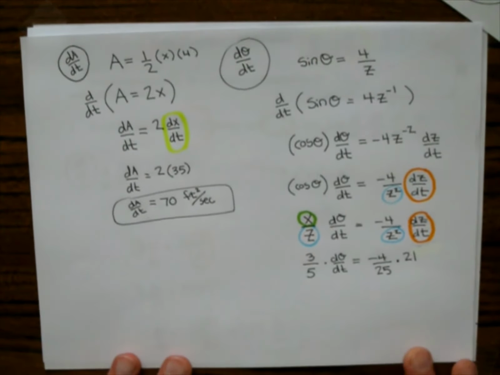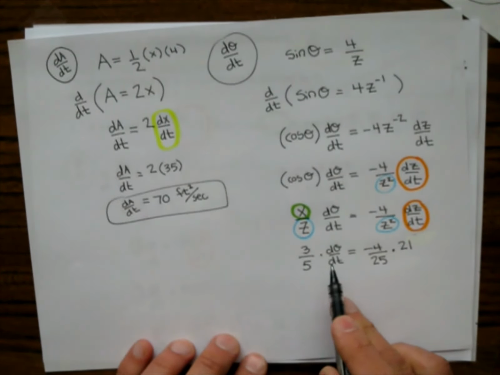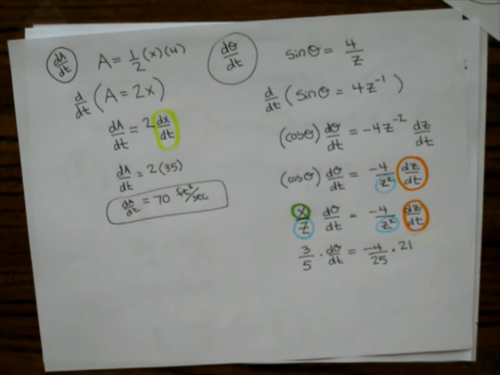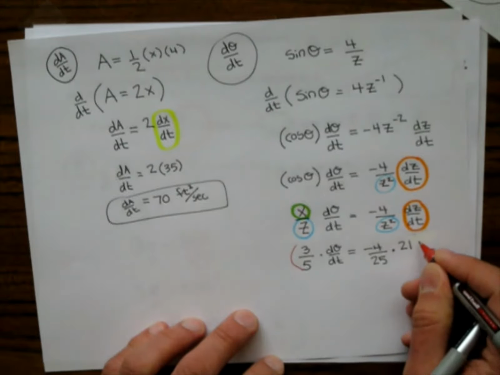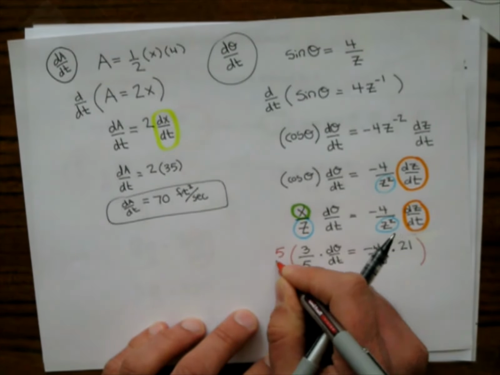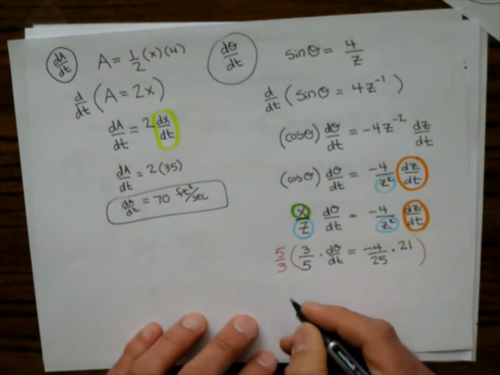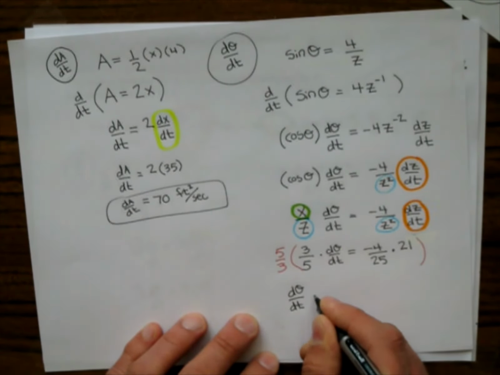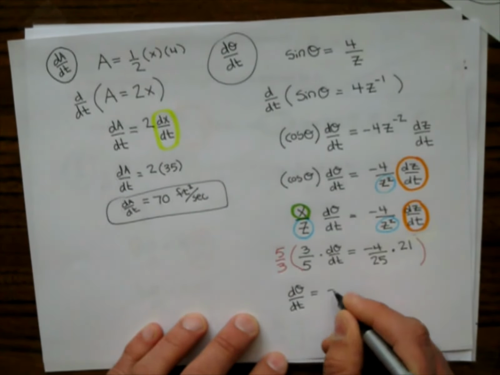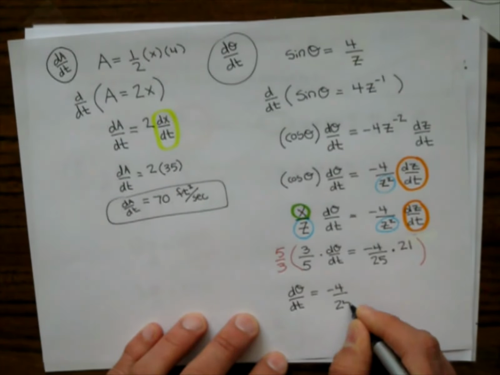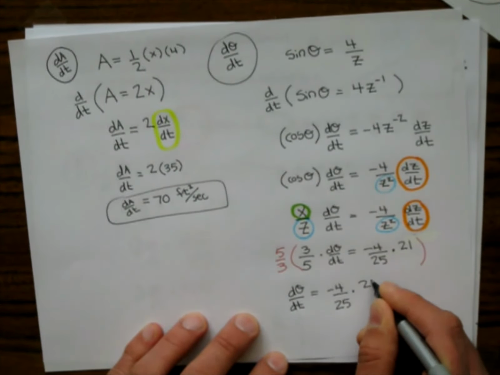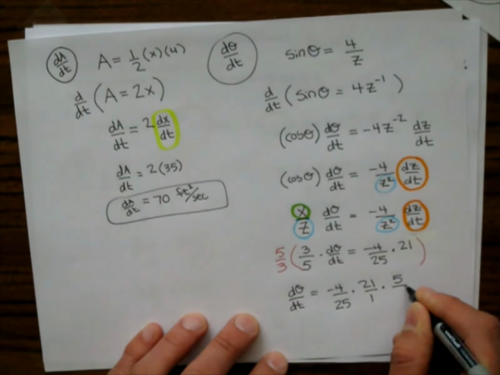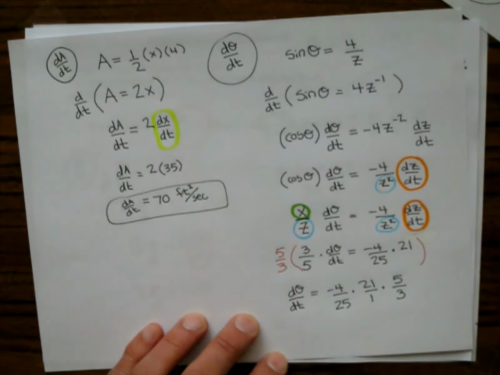So we're almost done with this. We're trying to solve for d theta dt. I'm going to multiply both sides by 5/3. So I have d theta dt equals -4 over 25 times 21 over 1 times 5/3.